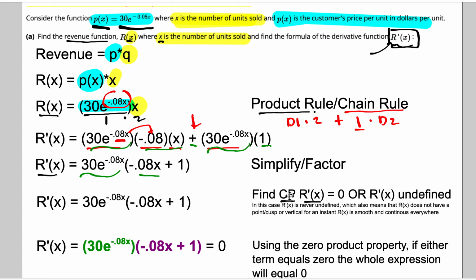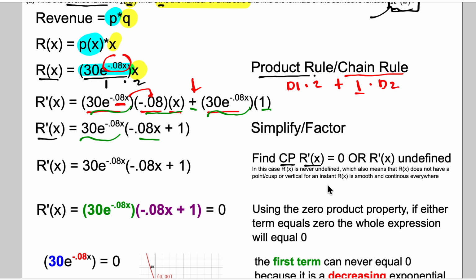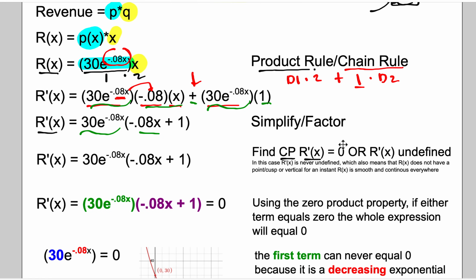So the critical points of a function are either where the function is equal to 0 or undefined. Because I'm dealing with my marginal revenue, the derivative of revenue, I either want to find points where it's equal to 0 or where it's undefined.